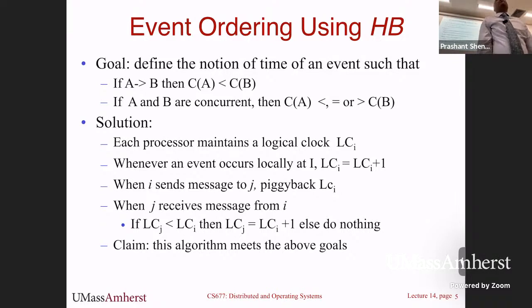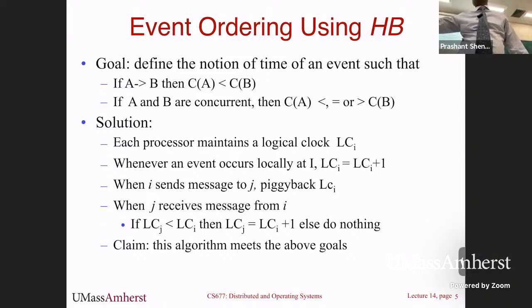How are we going to maintain this clock? Whenever there is a local event, you increment the clock. Real clocks increment when a second or millisecond elapses. In our case, we only tick our clock when some event we care about has occurred. You define what events you care about.